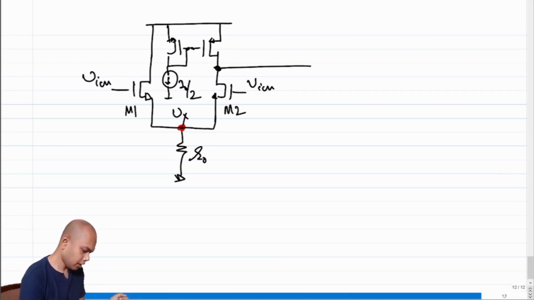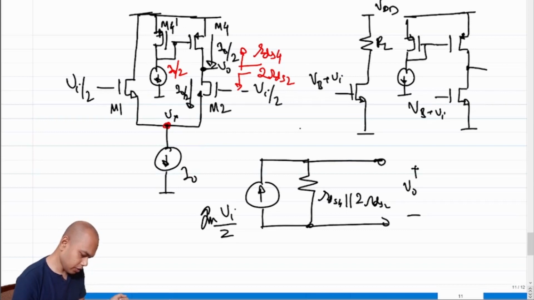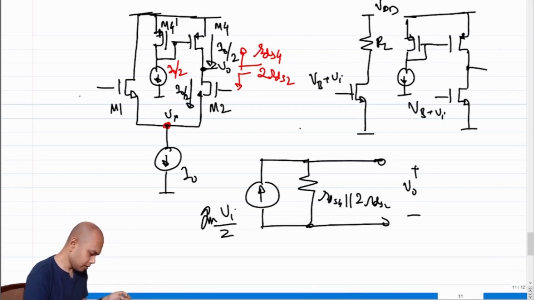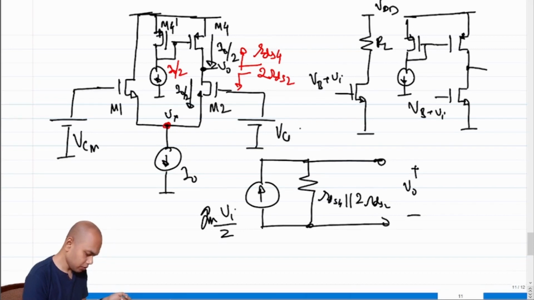So let's say I have, by the way, I should have been more careful here, since we are dealing with biases. I should have probably put back the biases here. So let me call this B common mode.